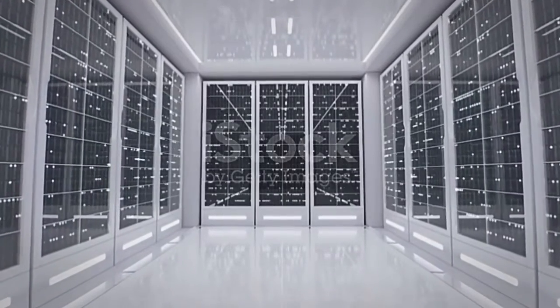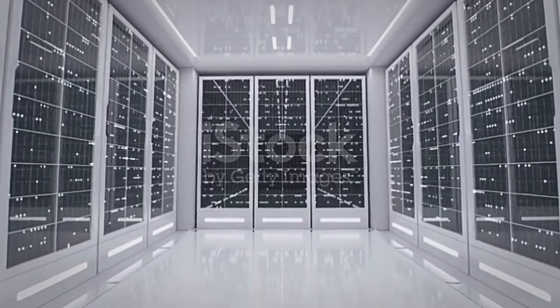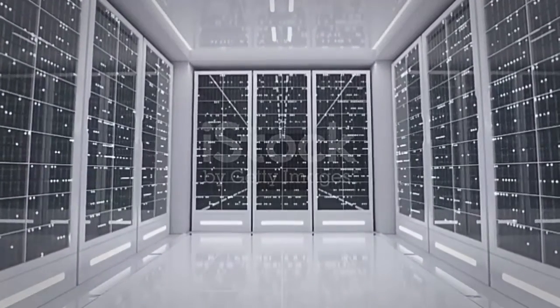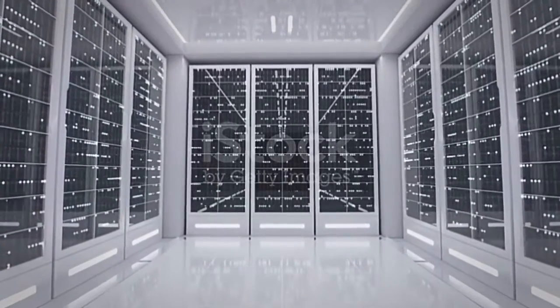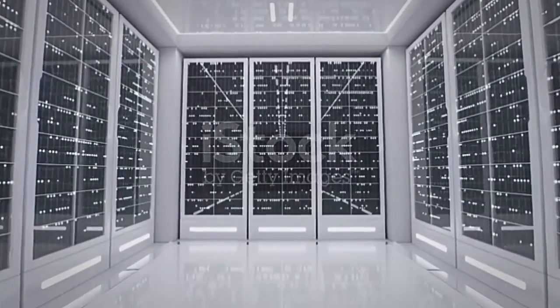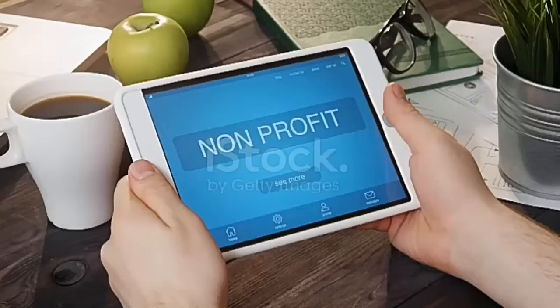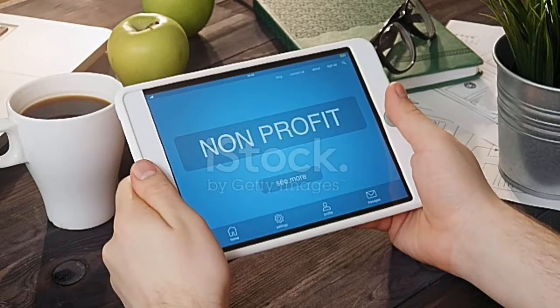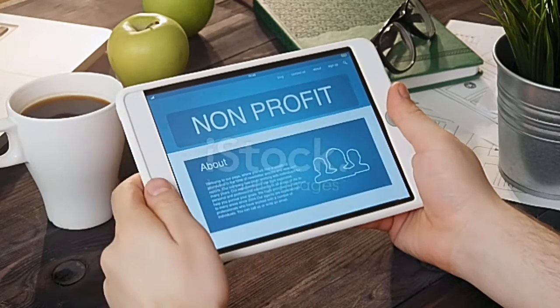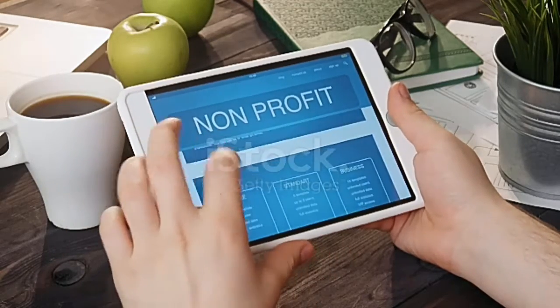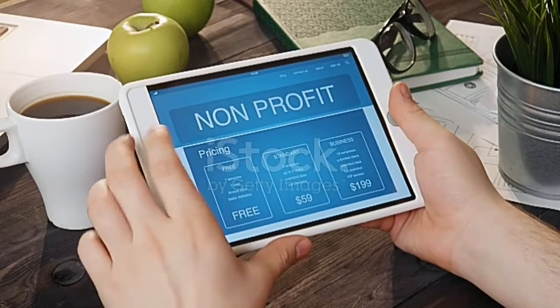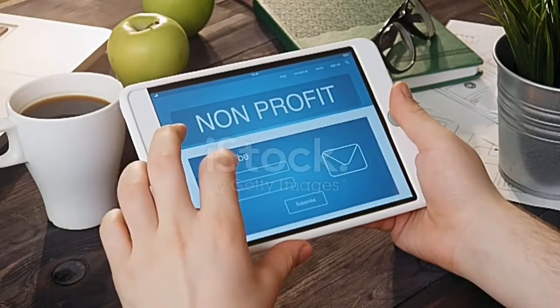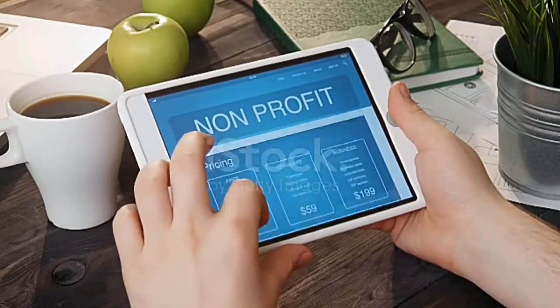Types of web hosting services. There are various types of web hosting services available to host your website. Before signing up for web hosting services, it is important to understand the kind of service your website needs, the kind of service you or your business needs, your budget, and what type of services the web host offers.